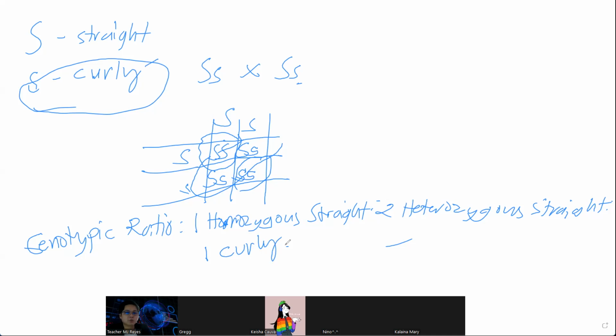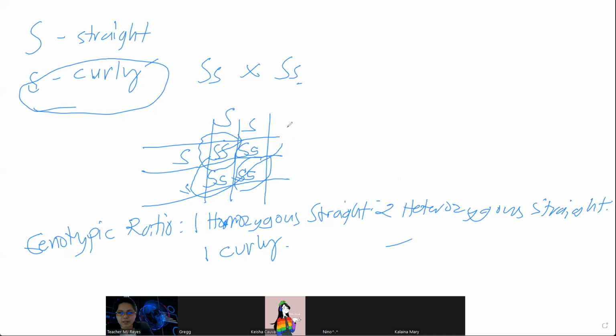That's the genotypic ratio. We're looking at their genes. So if you look at their genes, it resembles the cross between a heterozygous male and a heterozygous female straight. In the progeny, we can observe one homozygous straight to two heterozygous straight to one curly.